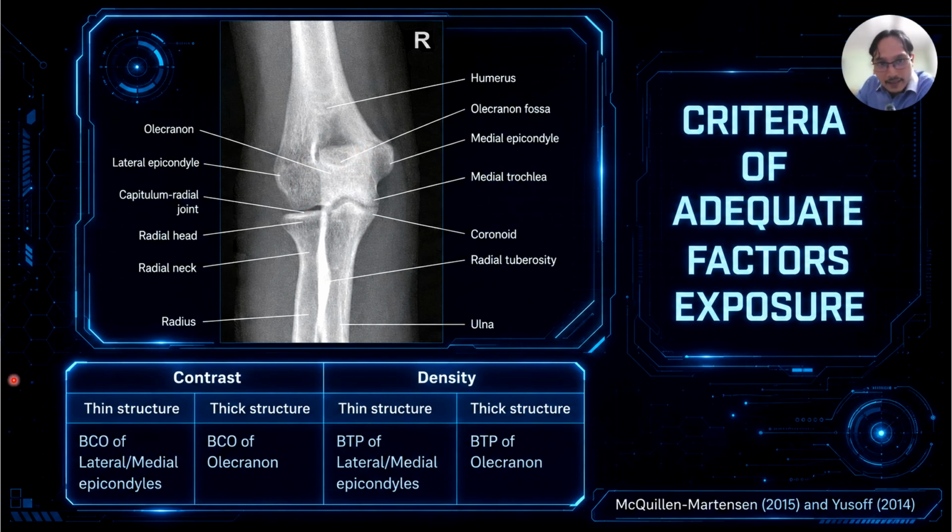For density and detail, the bony trabecular pattern of thin structure and thick structure must be able to be visualized, such as the structures must have shades of gray or color in them. For AP elbow, thin structures are bony trabecular pattern of lateral and medial epicondyles, while thick structure is bony trabecular pattern of olecranon.